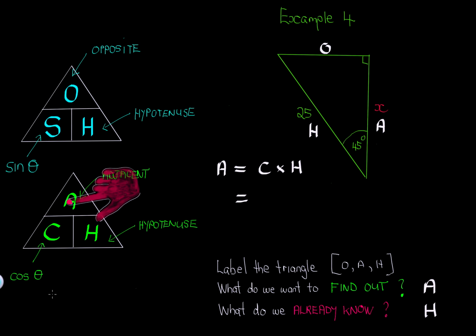Well, what do they stand for? We know that C stands for the cos of the angle. So it's going to be the cos of 45 degrees in this case, multiplied by H, which is the hypotenuse, which is 25. So, once again, we use our calculator and we work out the cos of 45, and that equals 0.707.